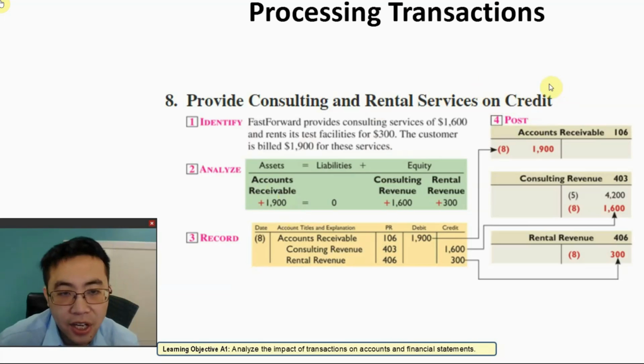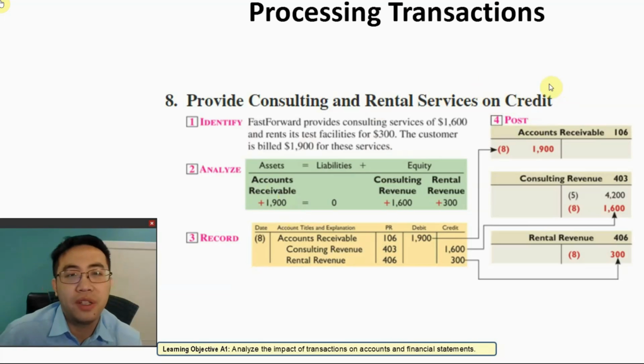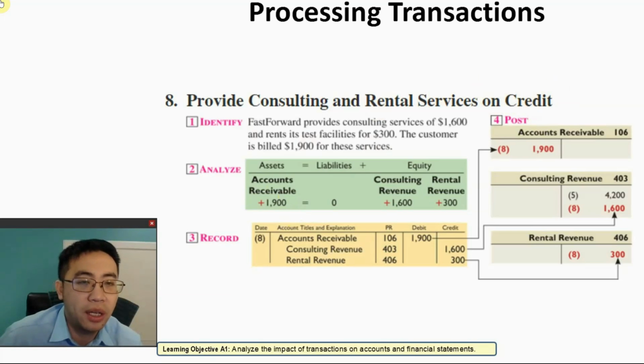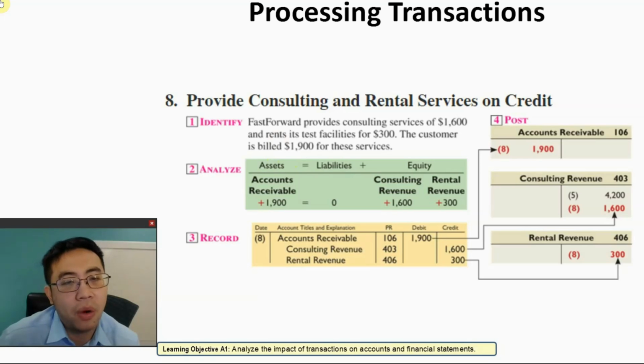It's not paid by cash, which means after you deliver the service, after you rent your place to a tenant, you do not get paid cash right away. You will have a bill issued to them, and they will pay you in the future. Right now, on your balance sheet, you will have a $1,900 account receivable, which will be collected to cash in a later period, maybe 1 month or 3 months later.